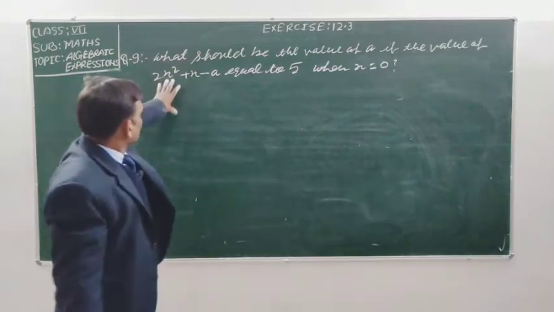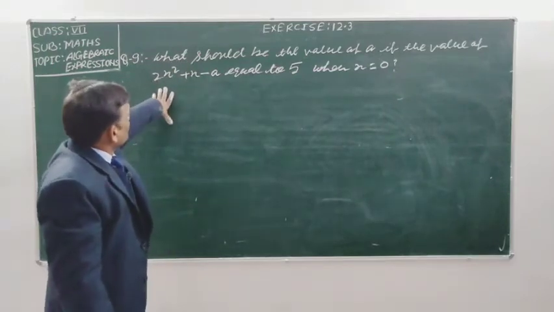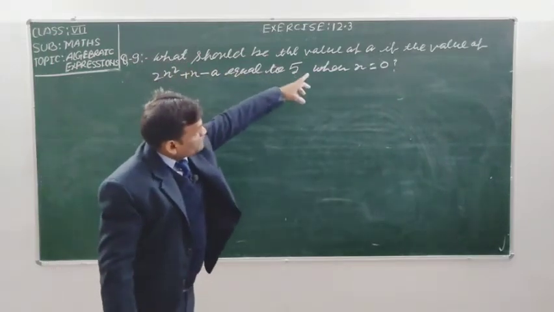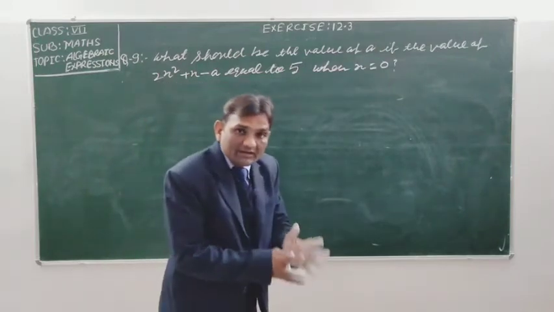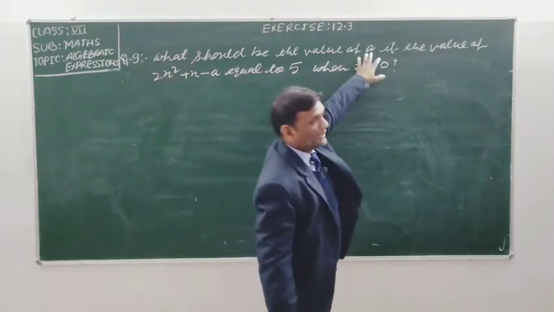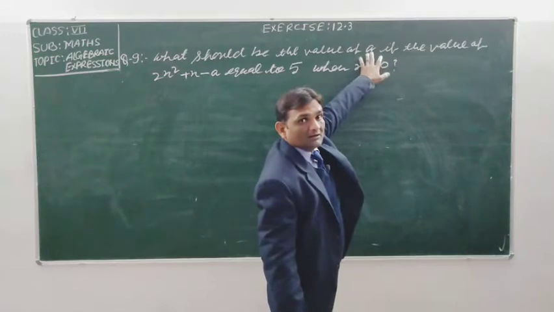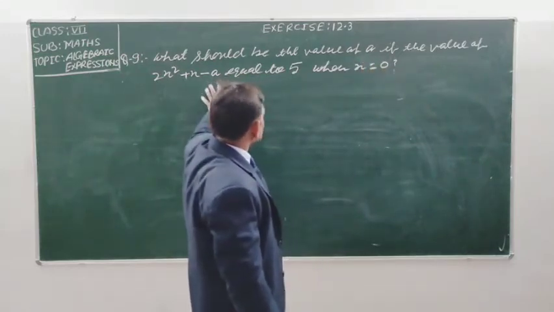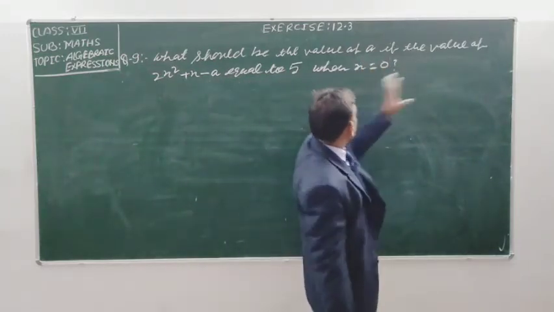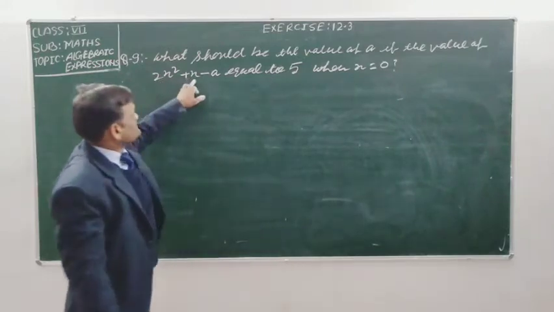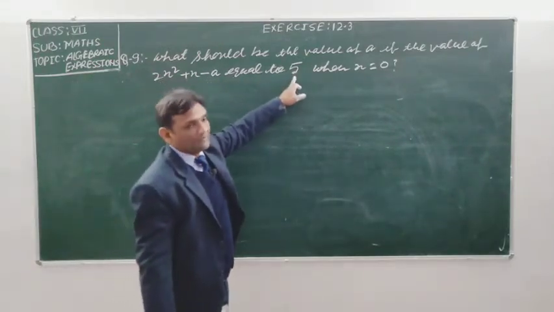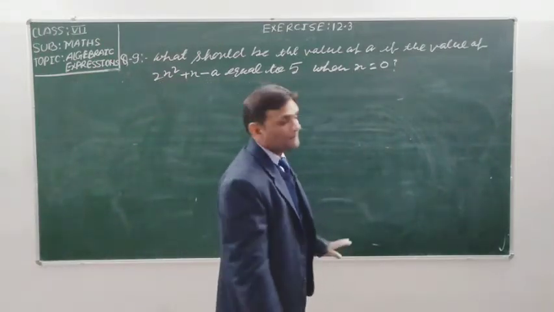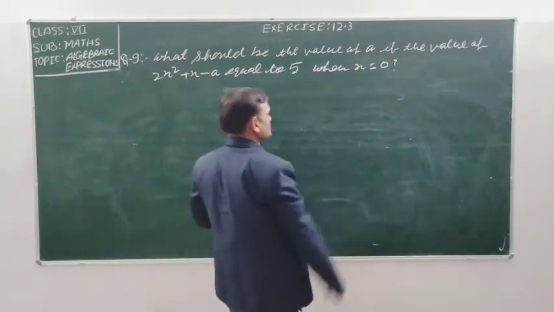Student, see this question. What should be the value of a? It means we need to find out the value of a, the variable which is used in the expression. If the value of 2x square plus x minus a equals 5 when x is equal to 2, x is equal to 0, sorry student.